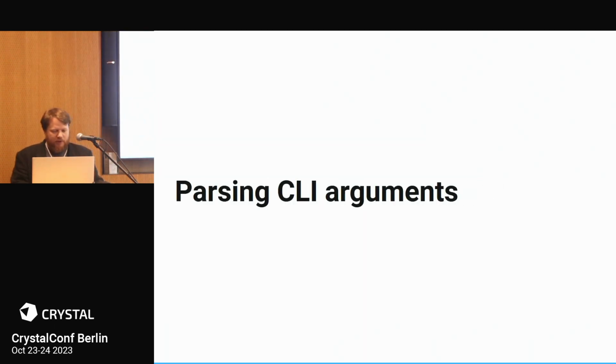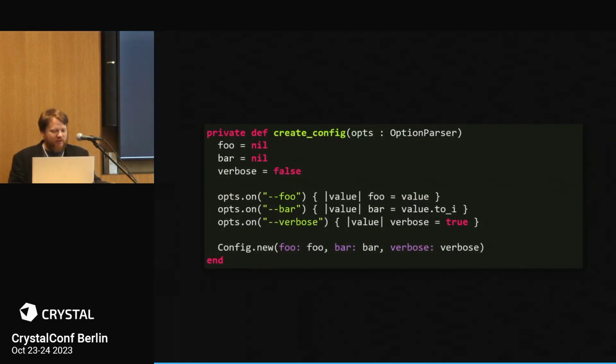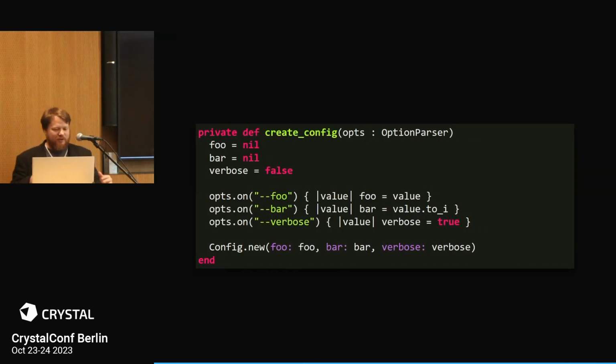Next story: I've been working a bit on compiler tools lately, and I noticed the code for parsing command line arguments in the compiler is really a bit nasty. I'll just show a very, very short version of the structure.